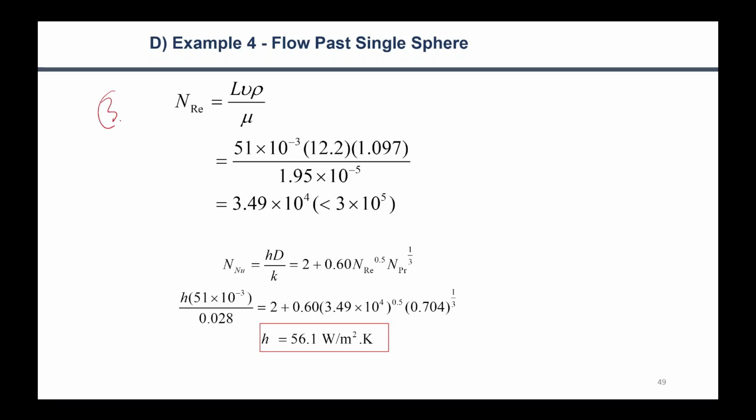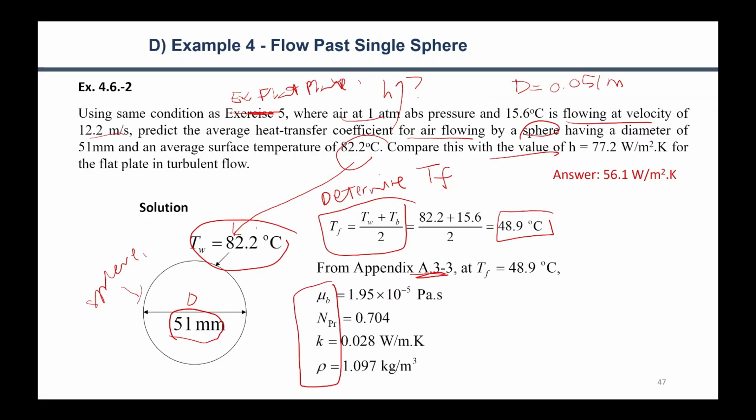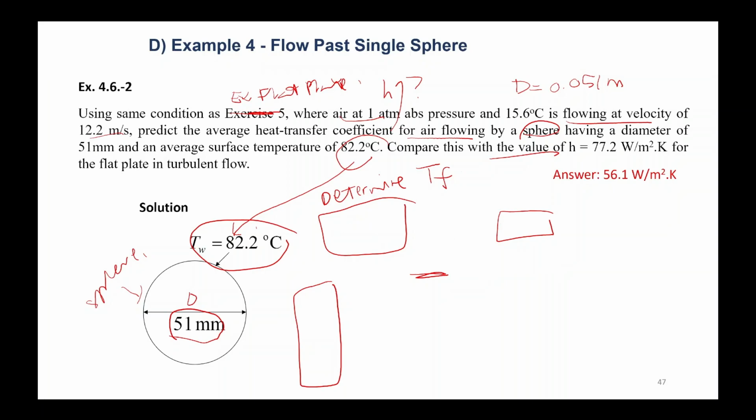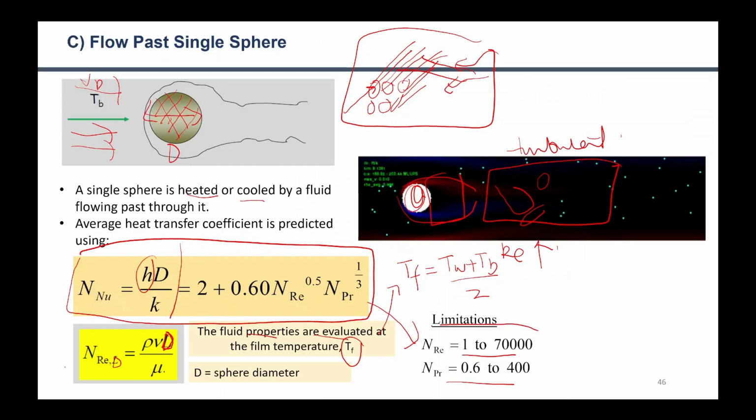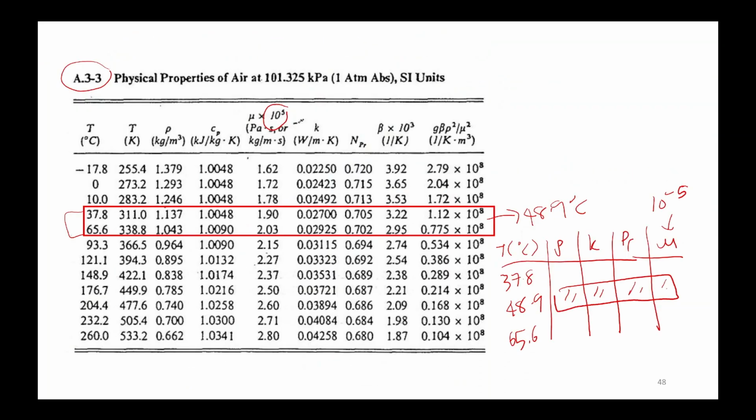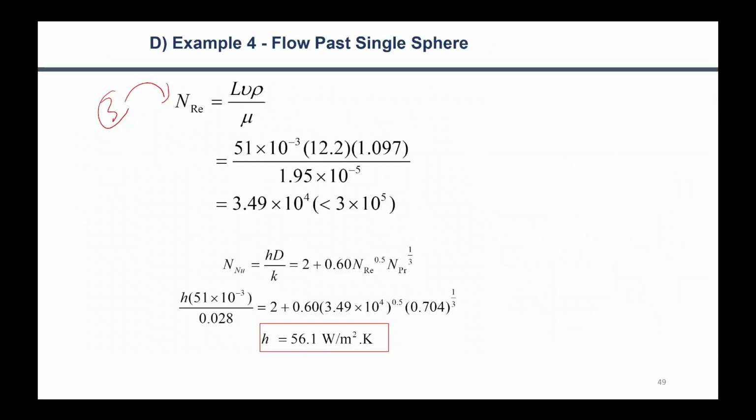After we get all the fluid properties, the next step is to calculate the Reynolds number. Why do we have to calculate it? Because we have to check whether the Reynolds number satisfies these limitations. This is not L but D: D multiplied by the velocity and rho, divided by mu.